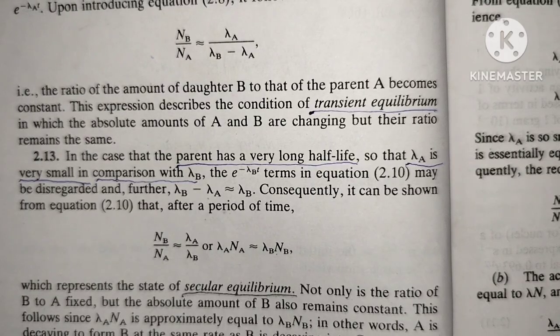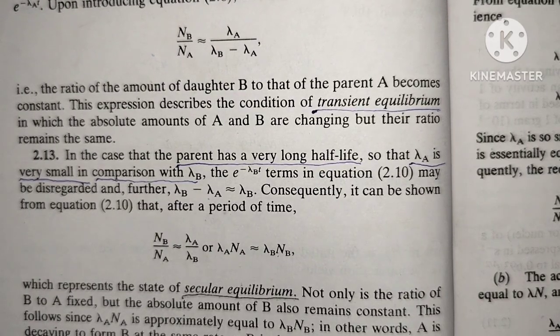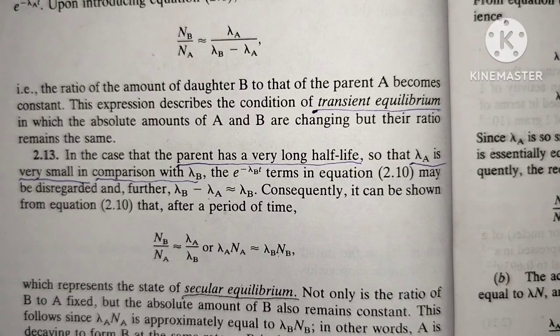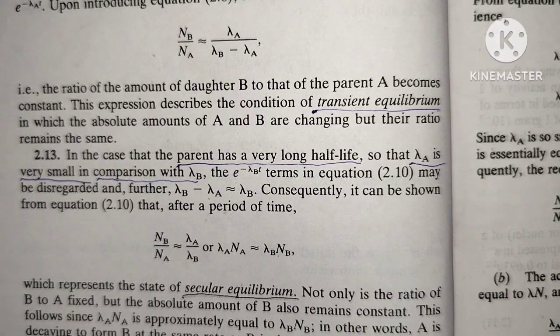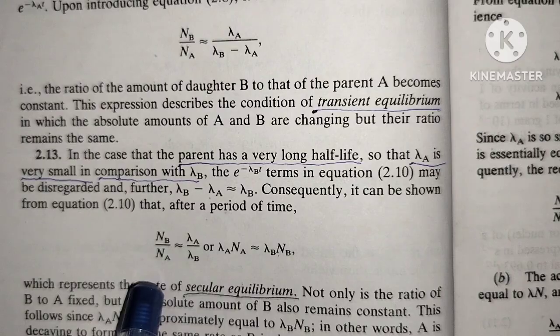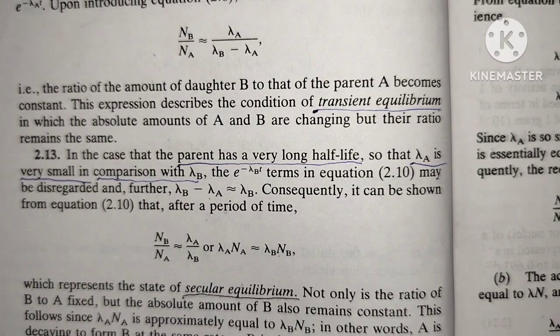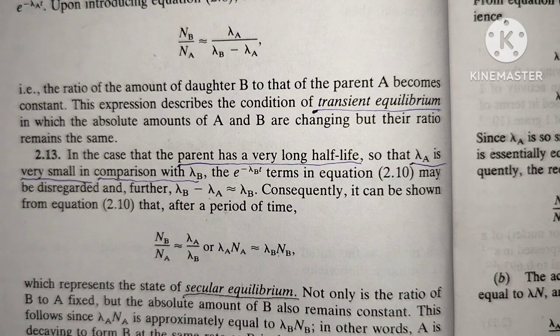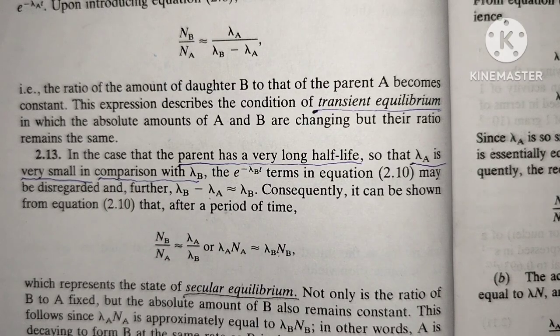Here what you have to wonder is, just now I told the ratio of NB and NA is constant. Not only that, the absolute amount of B also remains constant. It means the number of daughter nuclides remains constant.